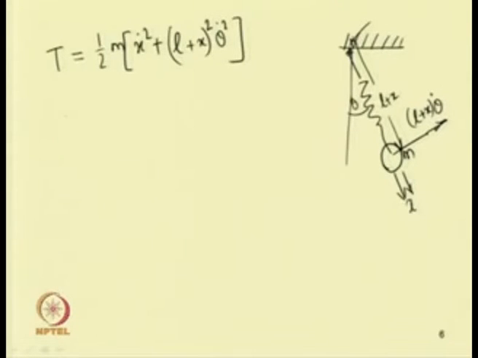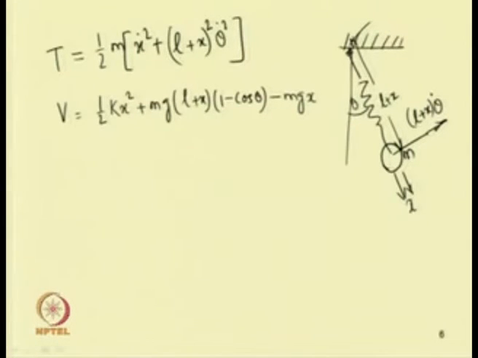The potential energy V can be written as follows. For the spring, let us assume a constant spring constant k. Then the potential becomes half k x square plus mg into L plus x into 1 minus cos theta, where this angle is theta, minus mg x.